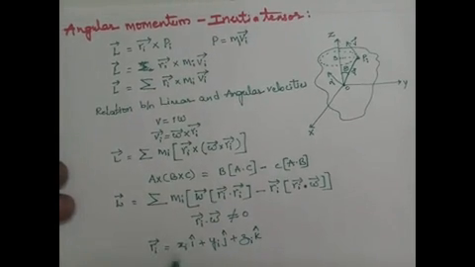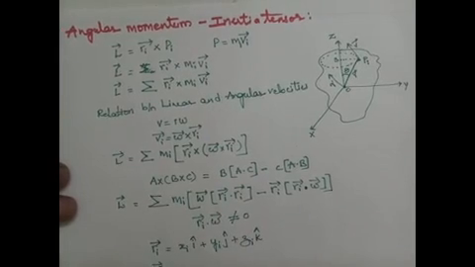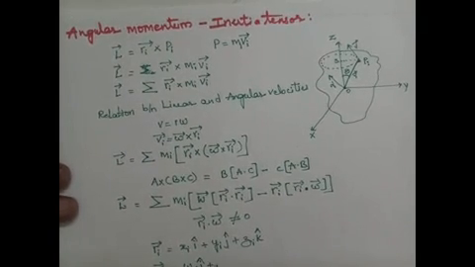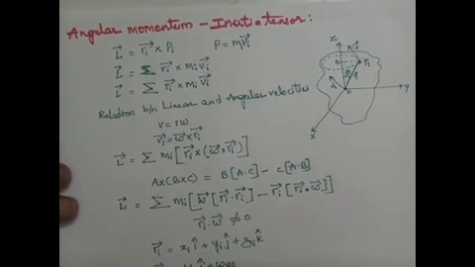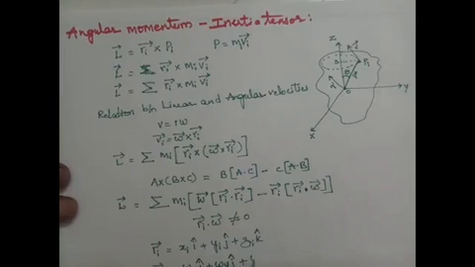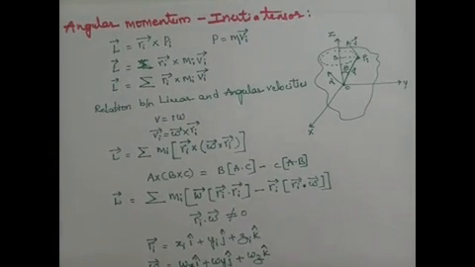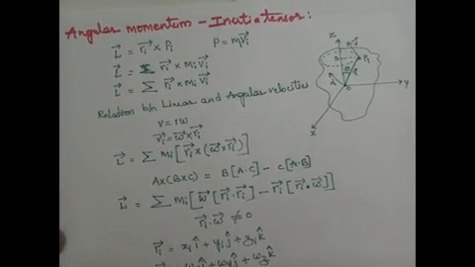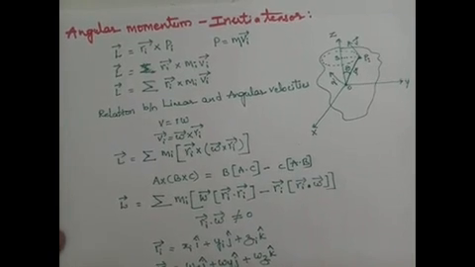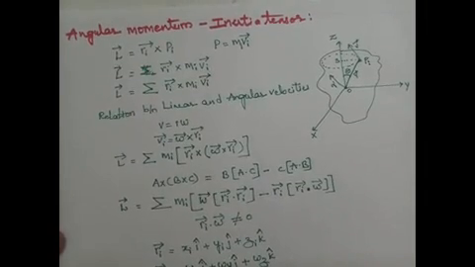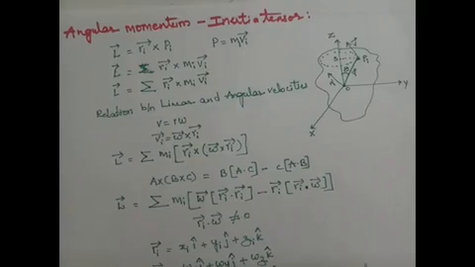Similarly, omega bar can be written as omega x i cap plus omega y j cap plus omega z k cap. And L bar can be written as Lx i cap plus Ly j cap plus Lz k cap.